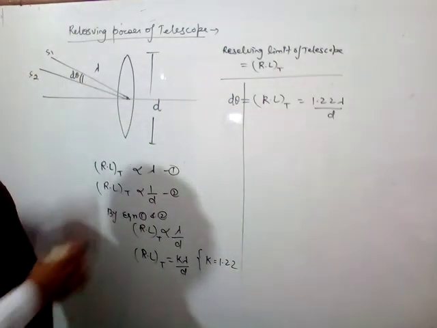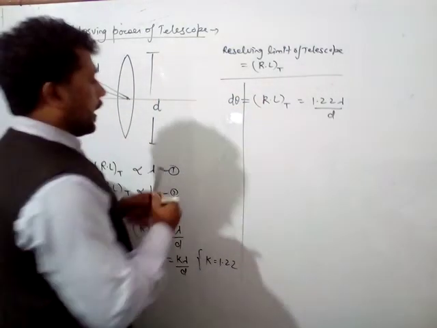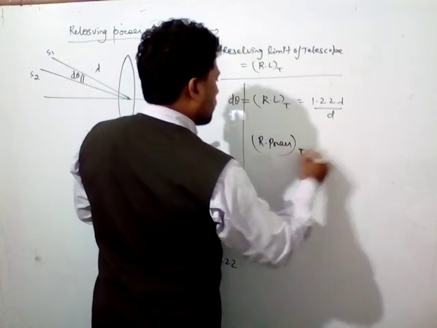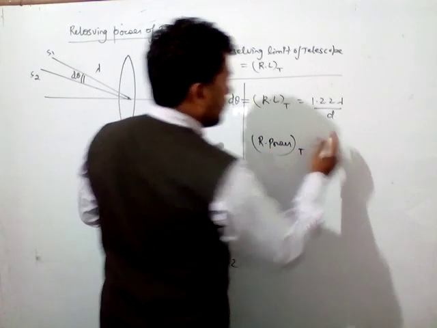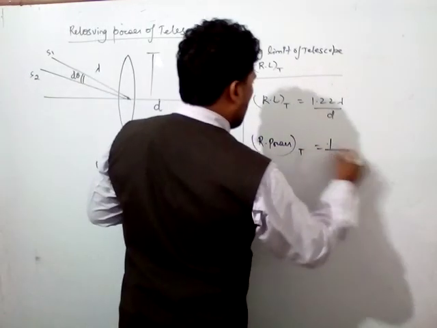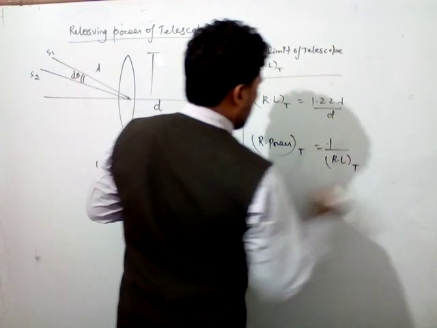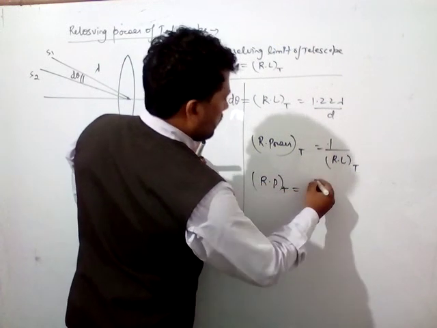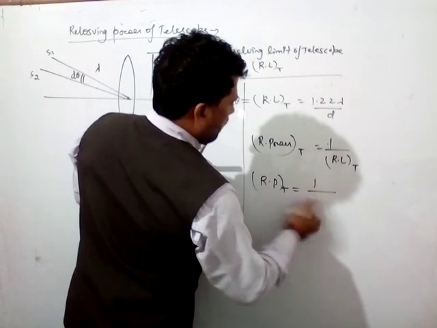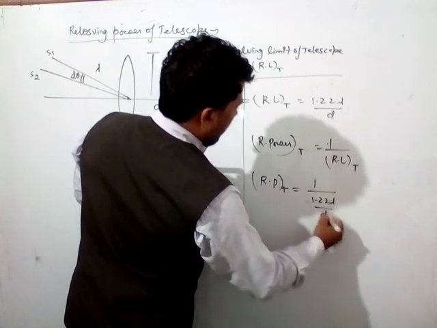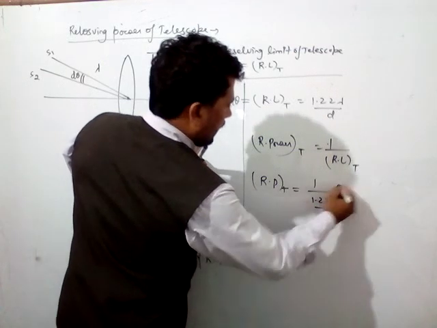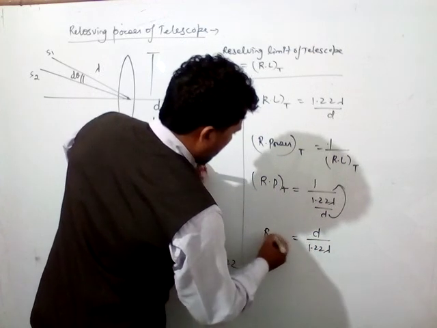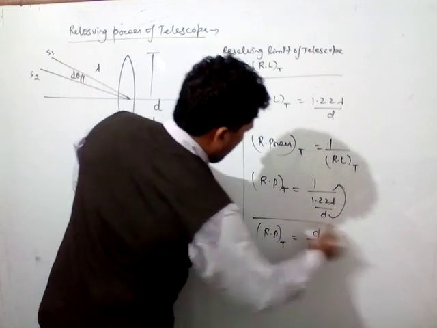Resolving power of the telescope is inversely proportional to the resolving limit, 1 upon RL of telescope. So the resolving power of the telescope is equal to 1 upon 1.22 lambda by d. So d comes up, and d upon 1.22 lambda is the resolving power of the telescope.